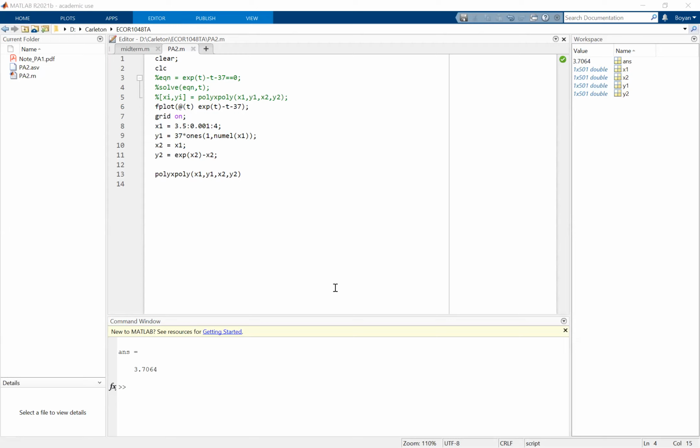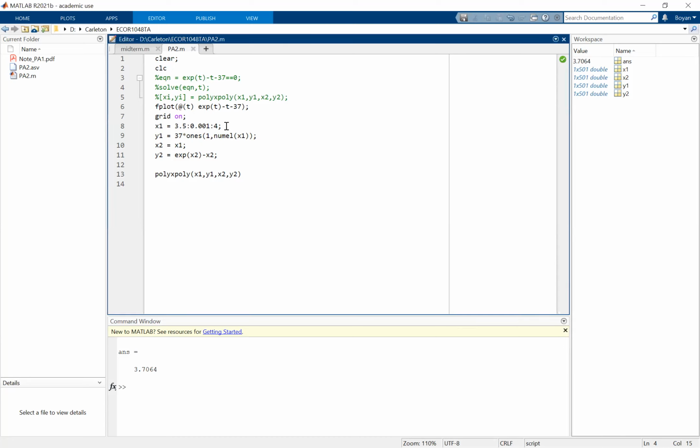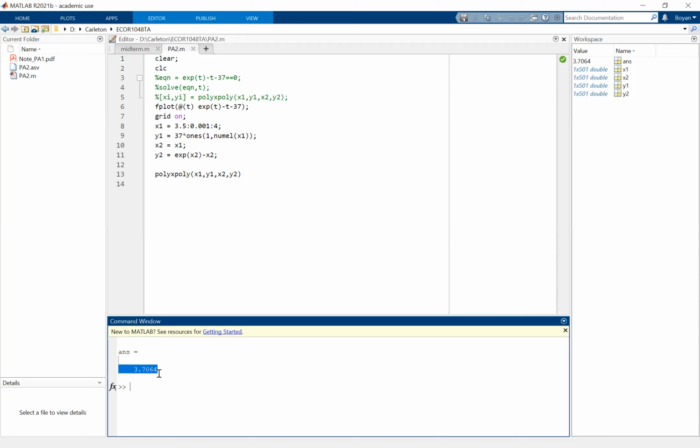If we zoom in, we can see it's a value between 3 and 4. Eventually what I did is find the intersection point. This function means the intersection point between 3.5 and 4. Just simply run this one and it returns an answer of 3.7.